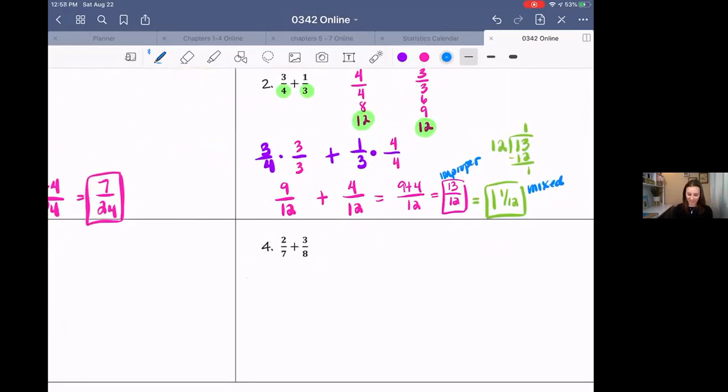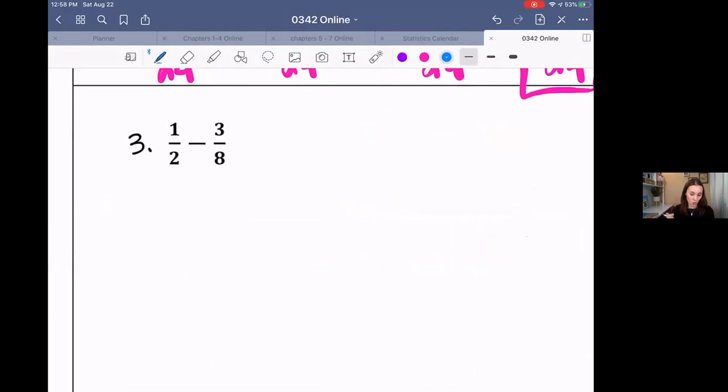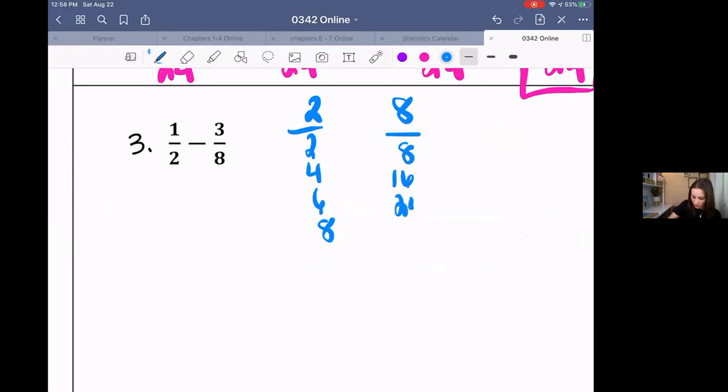Okay, number 3, we have some subtraction. We've got 2 and 8 as our denominators. So we're going to look at some common multiples between 2 and 8. And we can see that 8 they have in common.